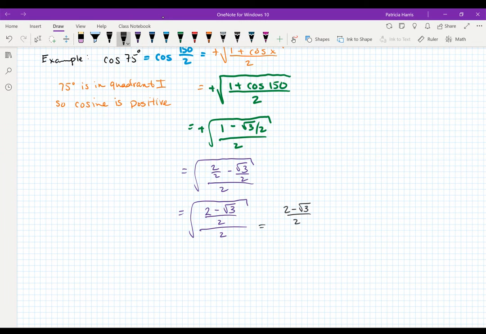So what I like to do is I like to think of this as a divide sign right here. Then I'm going to invert and multiply. So I have 2 minus rad 3 times 1 all over 2 times 2. Which simplifies to that.